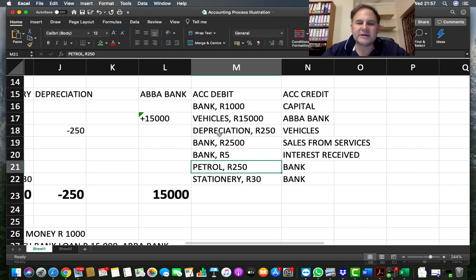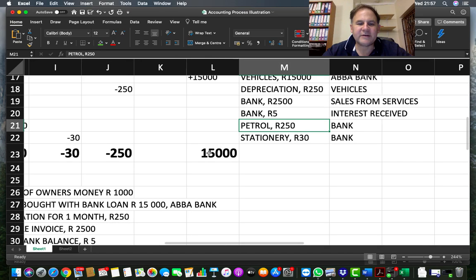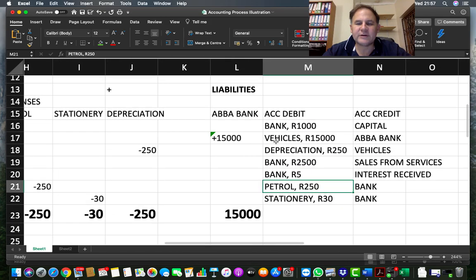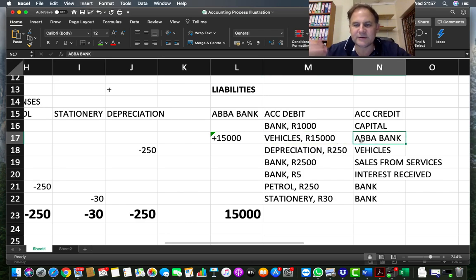The only other one that I can deal with here is the second one, which was a vehicle bought with a bank loan of 15,000 Rand. Let's quickly go and look at that. Vehicle with loan. Vehicle is the asset. The loan, the bank is the loan, is the liability.